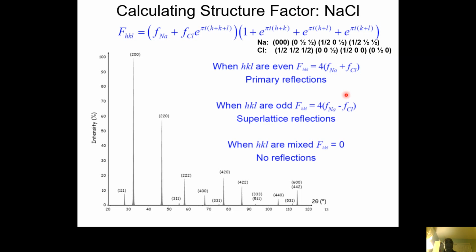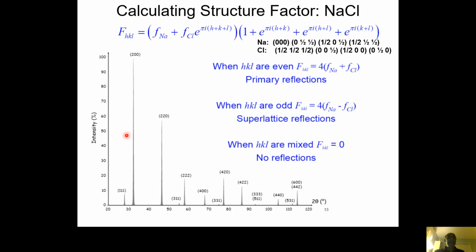So that means this is never 0, but this reflection is going to be less intense, because this is bigger than this one, right? These are what we call the primary reflections. These other ones we usually call superlattice reflections. They are much weaker. And again, this is FCC, so if there's any mix of odd and even, you get 0 structure factor. That means no reflections.